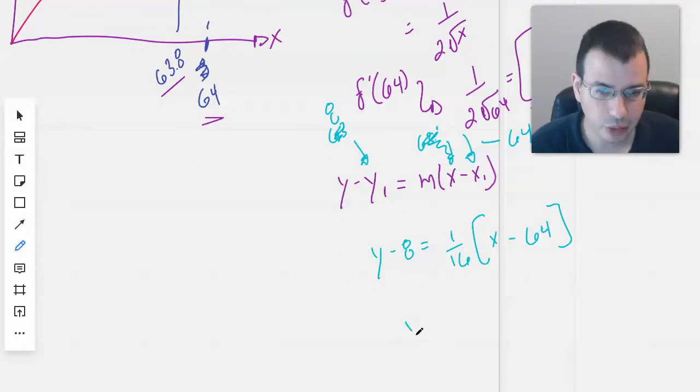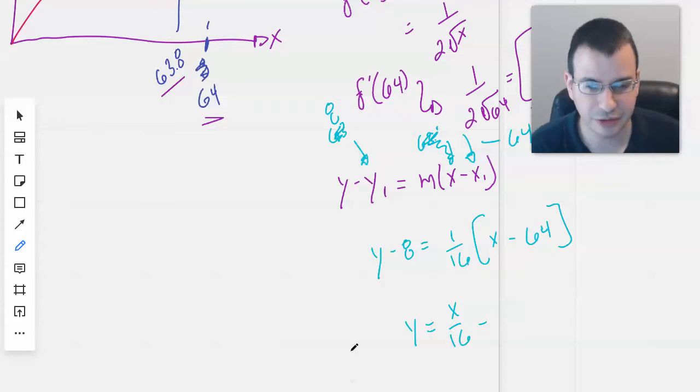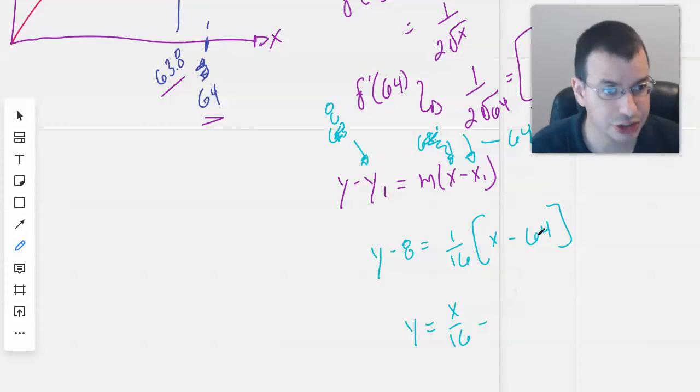So y equals x over 16 minus, what's 64 divided by 16? It's 4. Minus 4 plus 8 turns into plus 4.